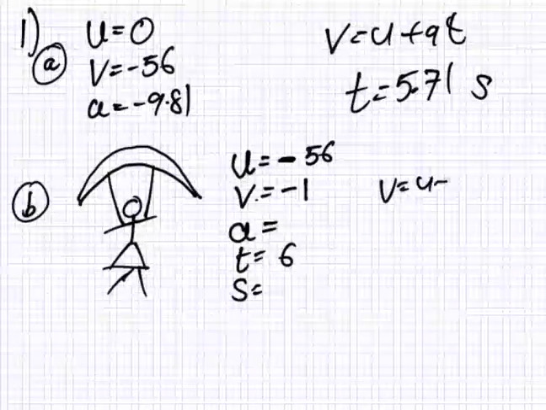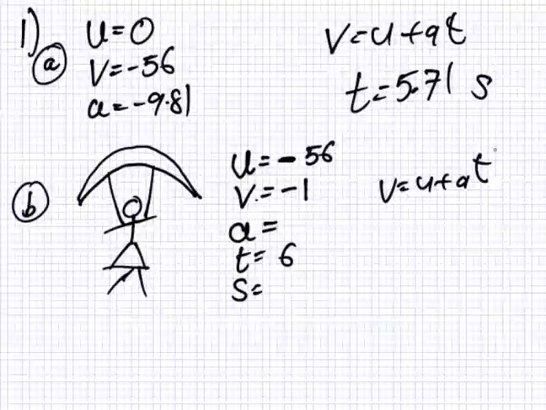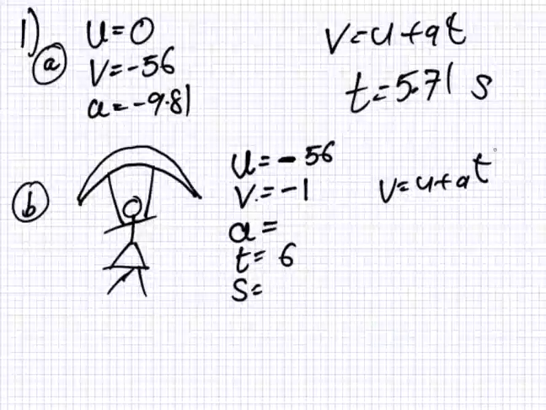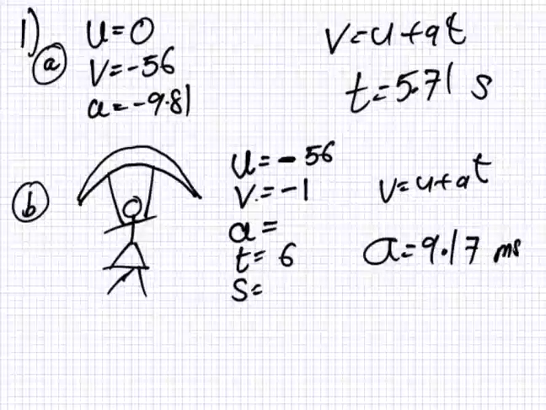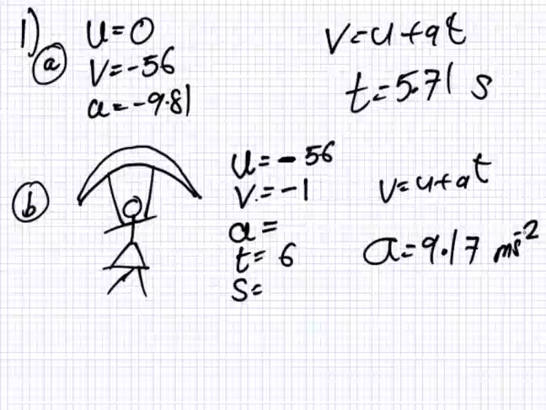V equals U plus AT again? Yeah. So I got A is 9.17 meters per second squared. Minus is fine. Grace, did you say plus here?